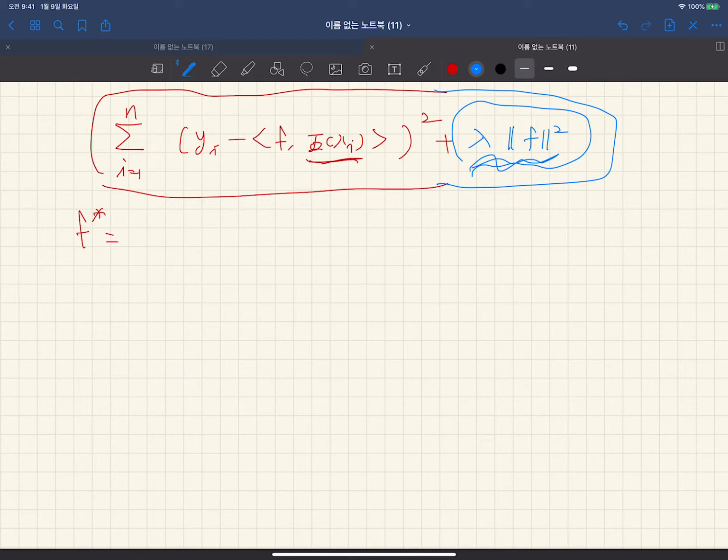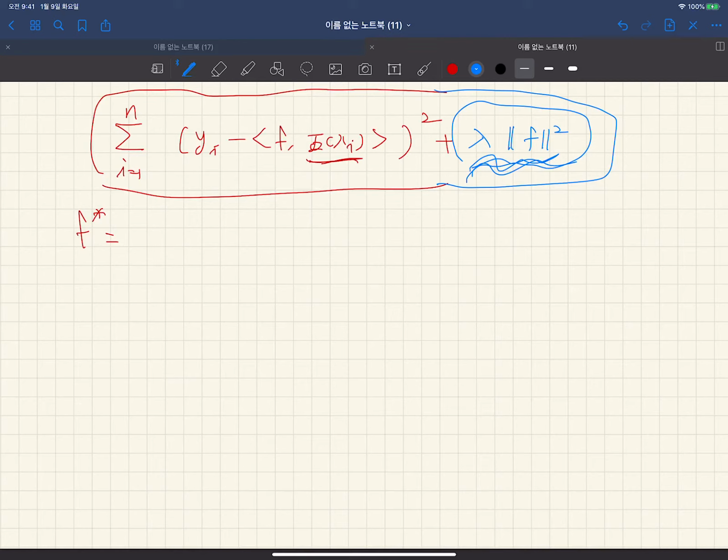Its main role is improving the generalization error, but it also has a side effect. We can more easily optimize function f than before, because this term makes your loss function smoother and gives a unique solution point.